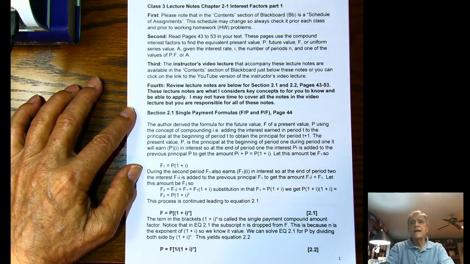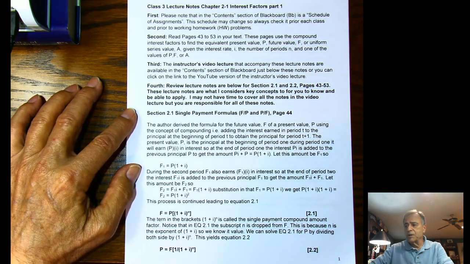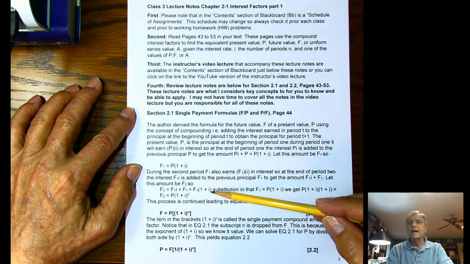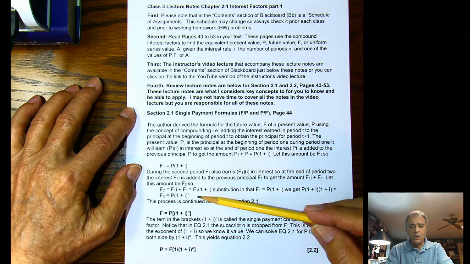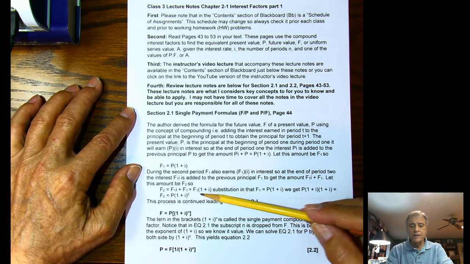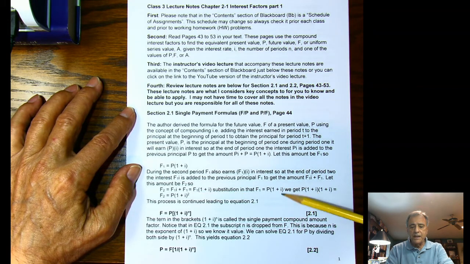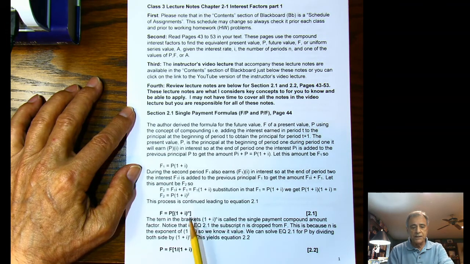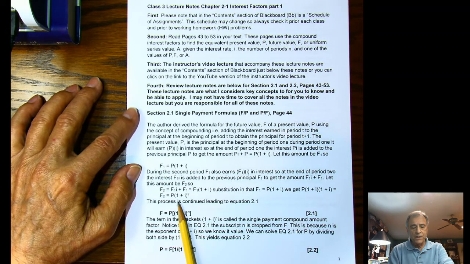Well, if you have F1 times (1 plus I), then you'll earn interest at the rate I, so then you'll have F1 times (1 plus I) at the end of period 2. But if we plug in what F1 is in terms of P, F1 is P times (1 plus I), so we'll get P times (1 plus I) times (1 plus I), which is P times (1 plus I) squared, which is what F2 is.